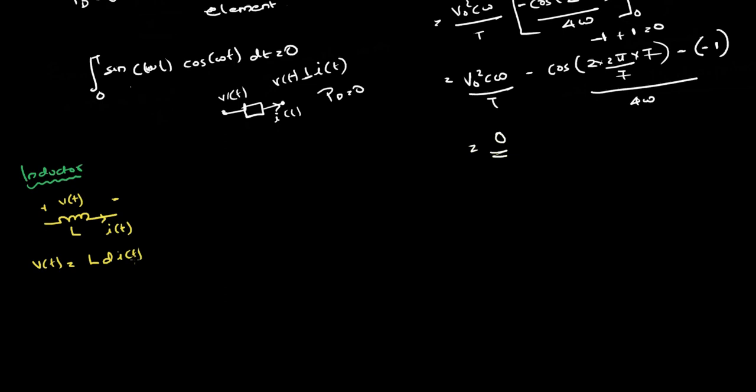Now similarly to what we have done earlier, if you assume I of t equal to I0 sine of omega t, V of t becomes L I0 omega cos of omega t.